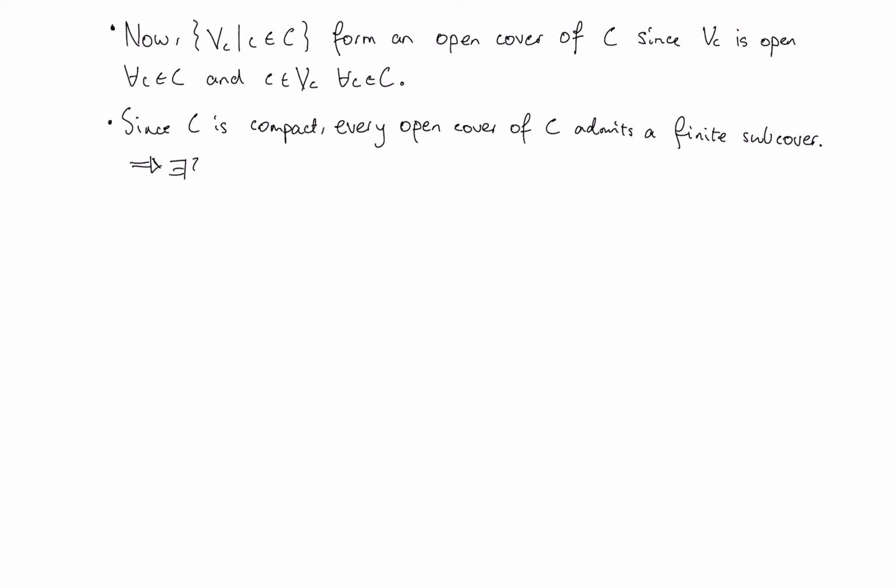So there exists some collection of points C1, C2, to Cn in our subset such that the subset is contained in the union of each of these open sets or open neighborhoods, all up to VCn. This is our cover here, and it's finite.